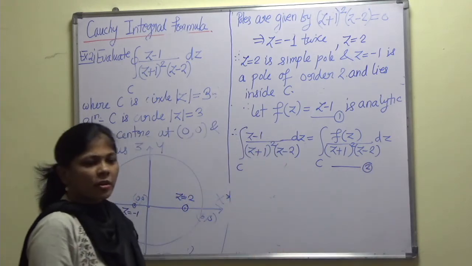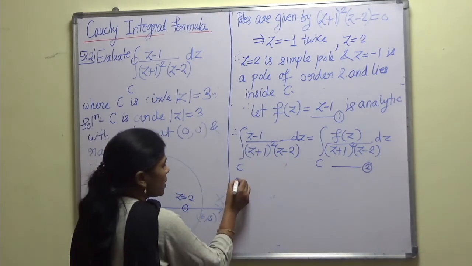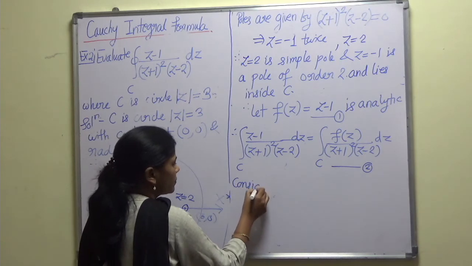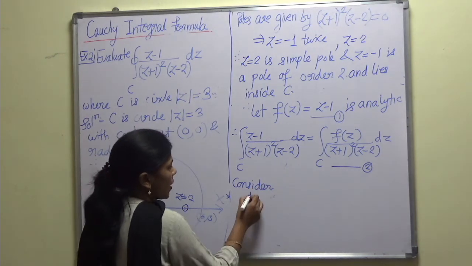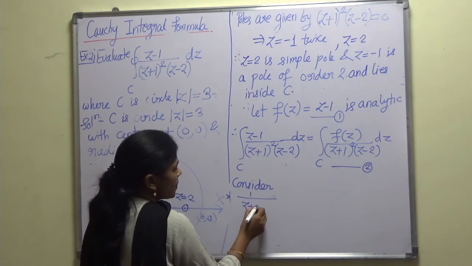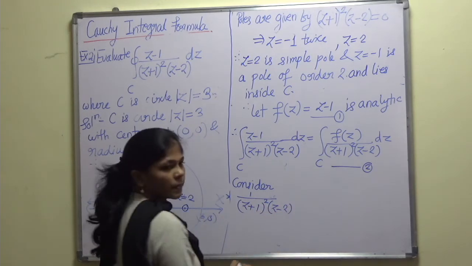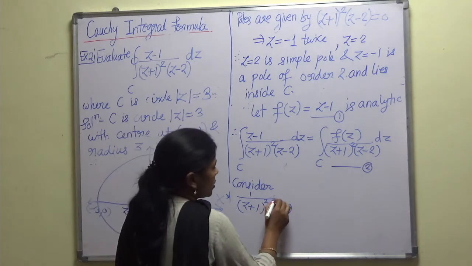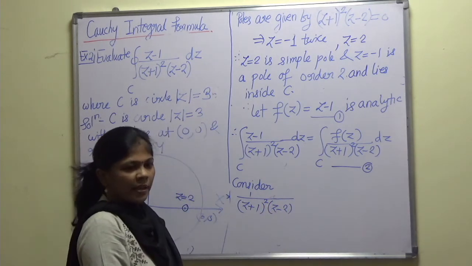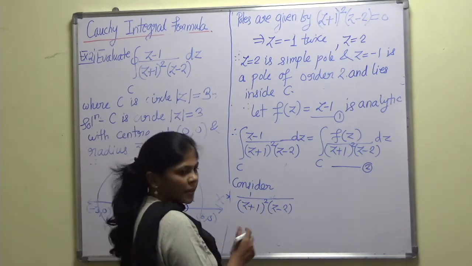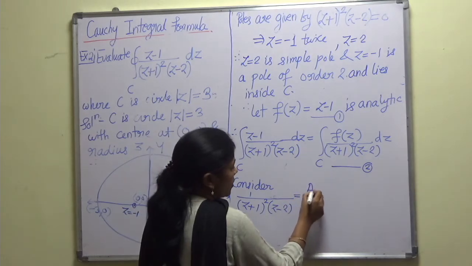Let us apply partial fraction method. So consider 1 upon z plus 1 whole square into z minus 2. Now both the factors are linear, out of which this is linear repeated. So we will apply the case for linear repeated.